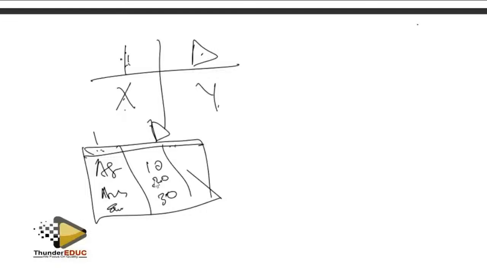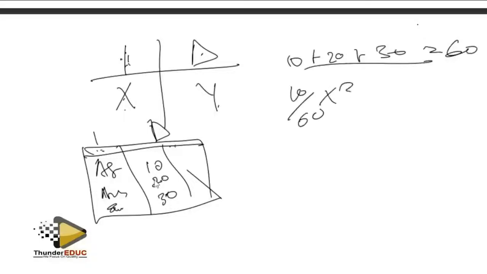Then to put this on a pie chart, you have to say 10 plus 20 plus 30. So it gives me 60. That's the total. So to do this, I'll have to say 10 out of 60 times 360, because the pie chart is 360 degrees.